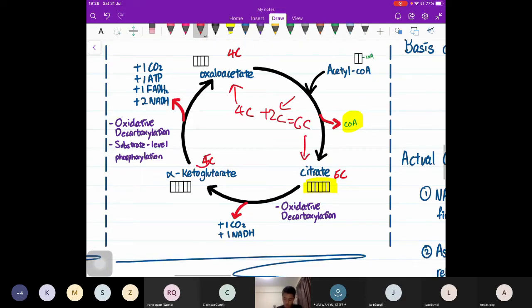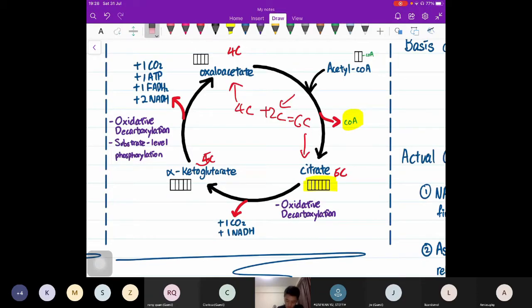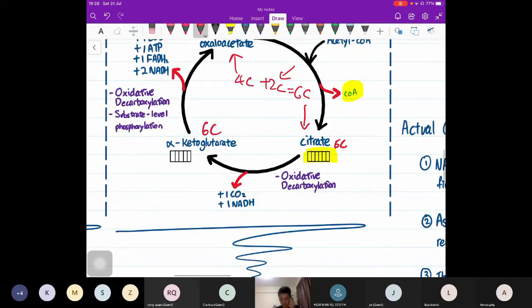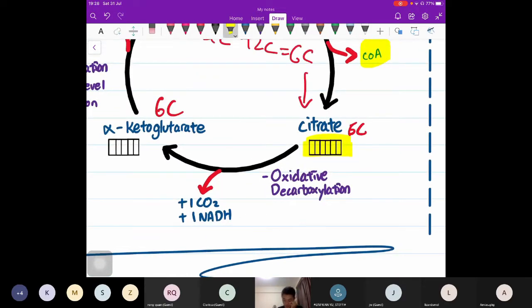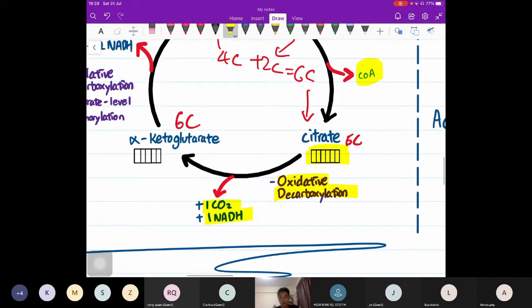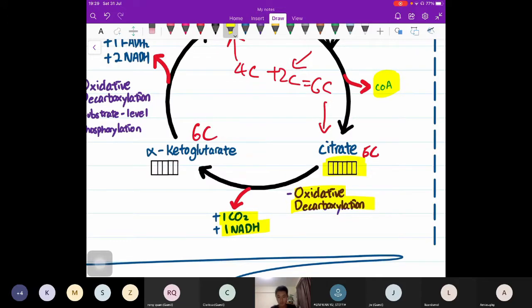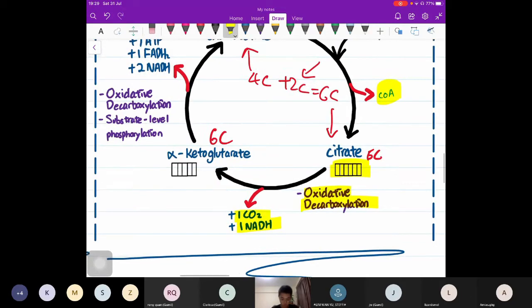Your citrate then undergoes oxidative decarboxylation. Whenever there is oxidative decarboxylation, oxidative means you have NADH, and decarboxylation means you have CO2. So both CO2 and NADH are produced.